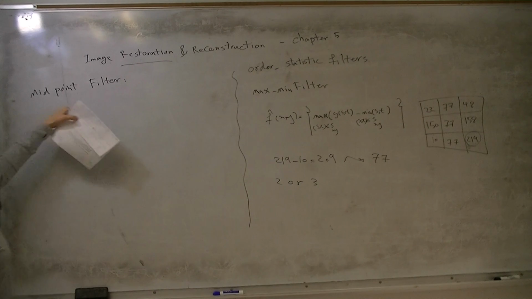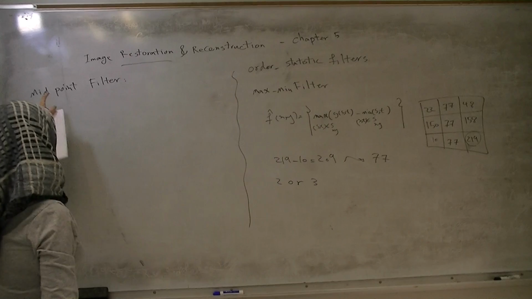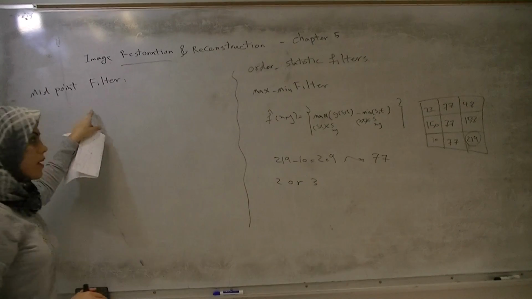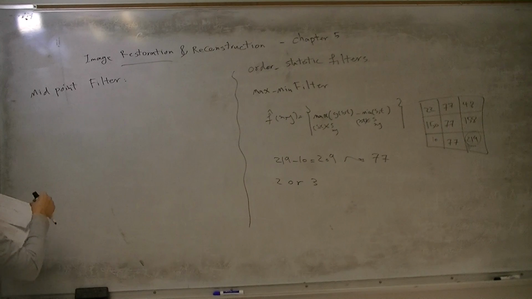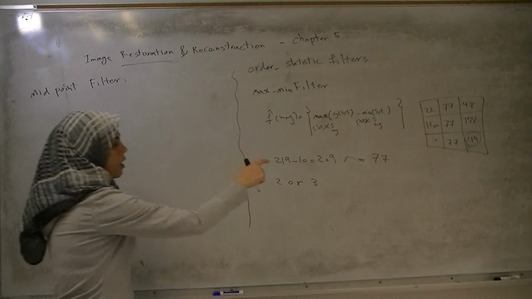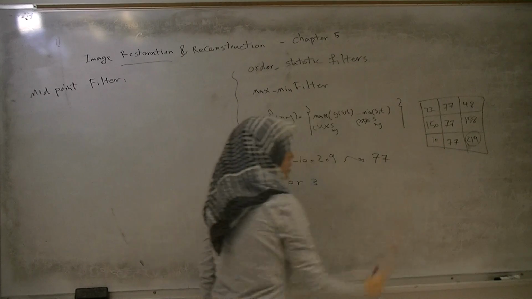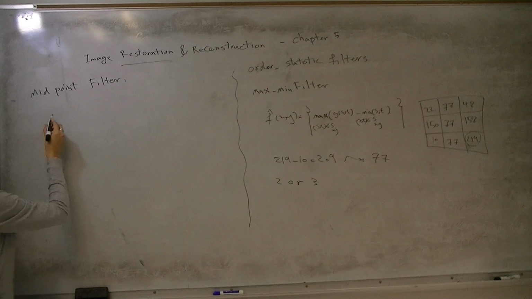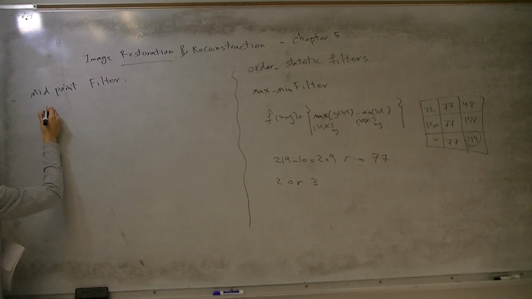This one is similar to the max-min, in that it can blur the image by replacing the center with the average point of the highest and the lowest pixels in the sub-image.